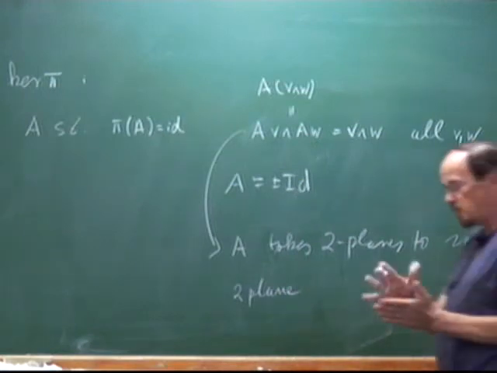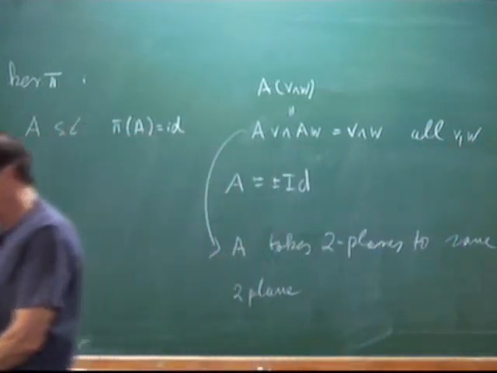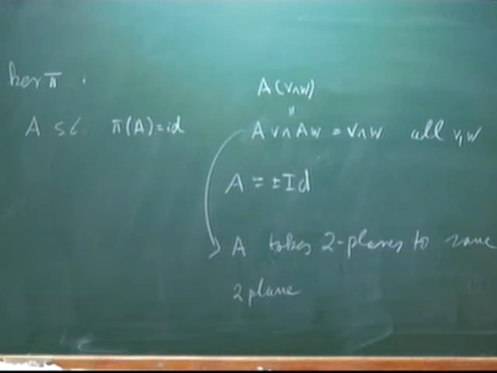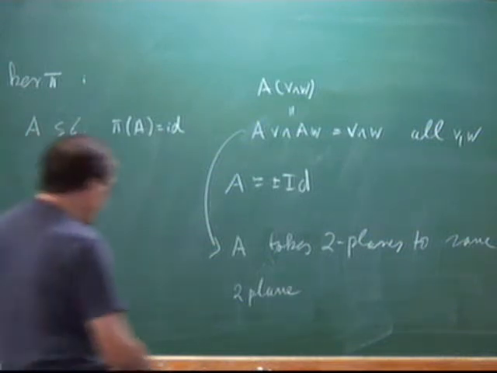No matter what two-plane I take, it takes a two-plane to a two-plane. So I can do the following: take two planes that intersect in a line. The line must be preserved. And of course, any line I can write as an intersection of two planes. So this means A preserves lines.